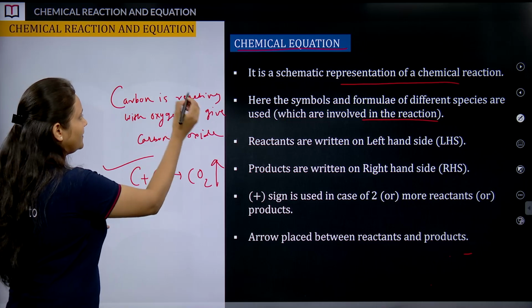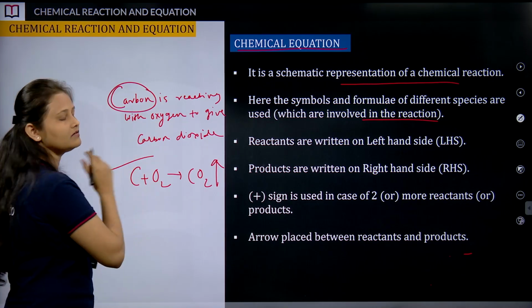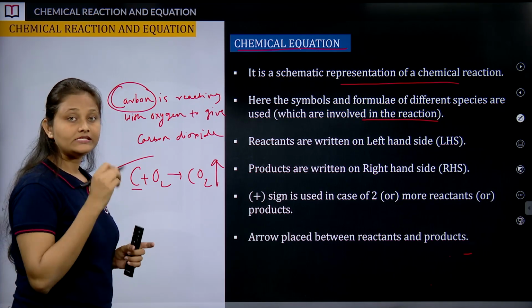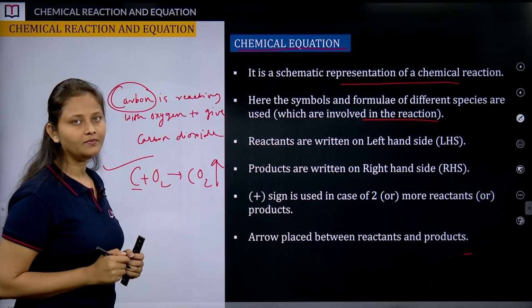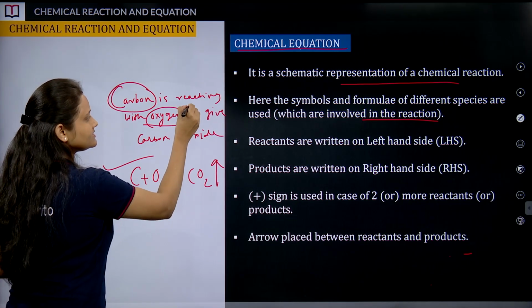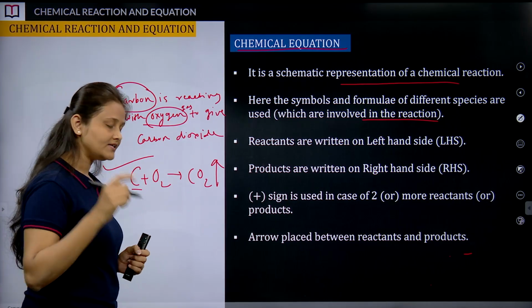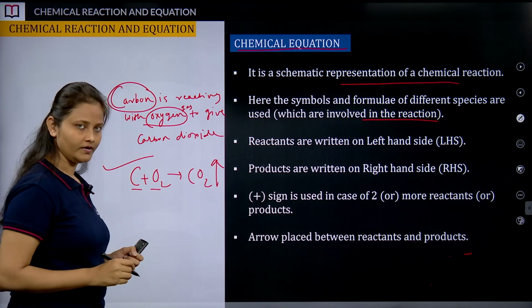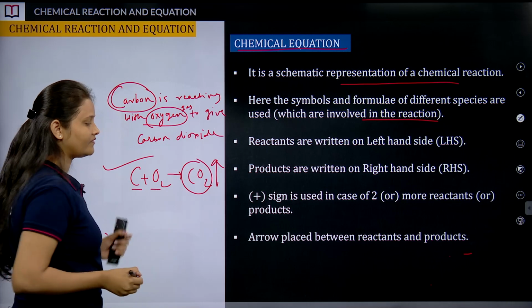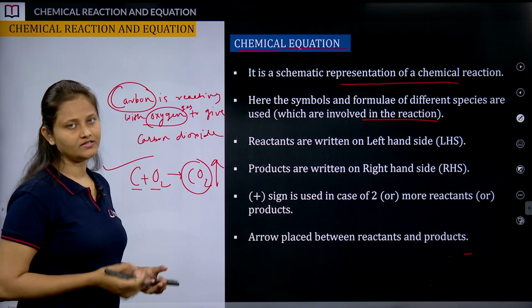Instead of carbon, I just wrote C, the symbol for carbon. Then reacting with oxygen gas, which has to be O2, correct? And giving you carbon dioxide, CO2. That is how I have written the formula.